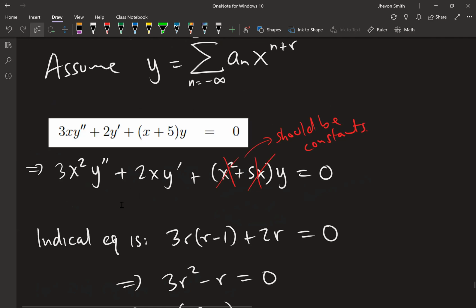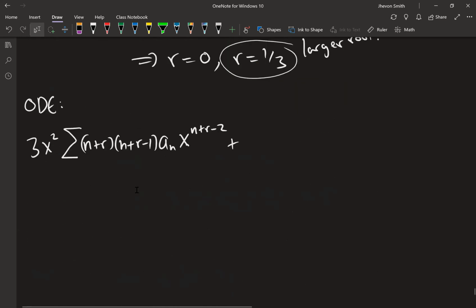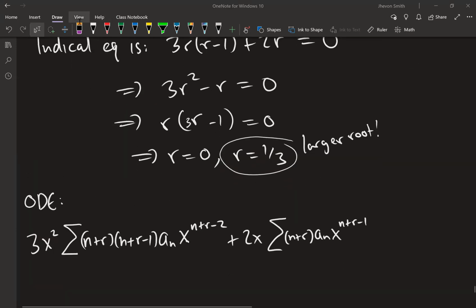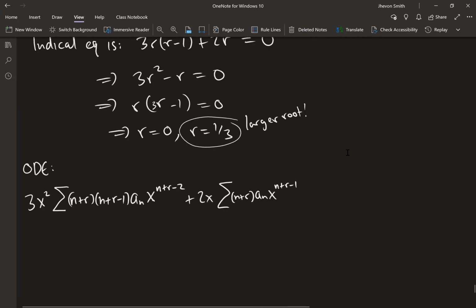Plus 2x times n plus r a_n x to the n plus r minus 1. Then I'm going to have x squared plus 5x, and x to the n plus r.